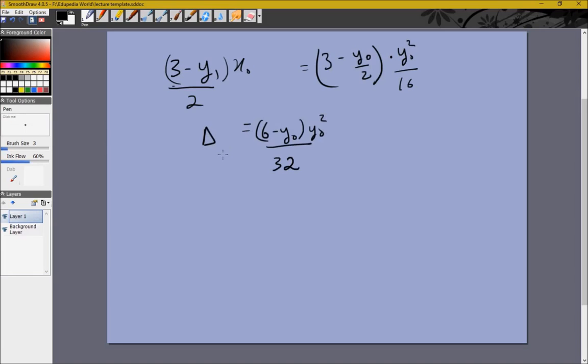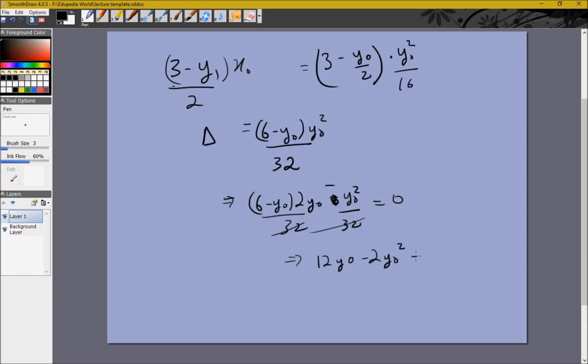So its derivative with respect to y0 must be 0. That means you have (6 minus y0) times 2y0 by 32 plus y0 squared by 32 times minus 1 is equal to 0. So we get 12y0 minus 3y0 squared is equal to 0.